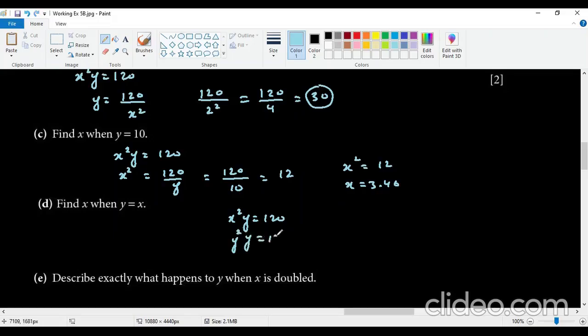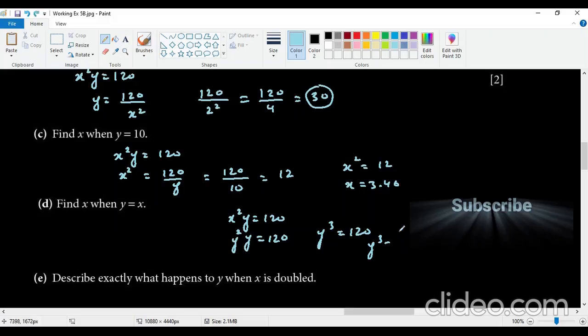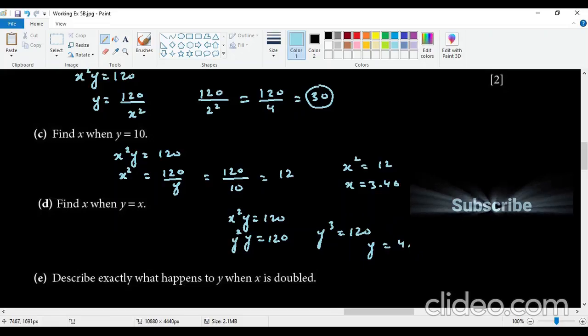That means y cube is 120. When we find the cube root of 120, it is going to be 4.93. This is going to be your answer.